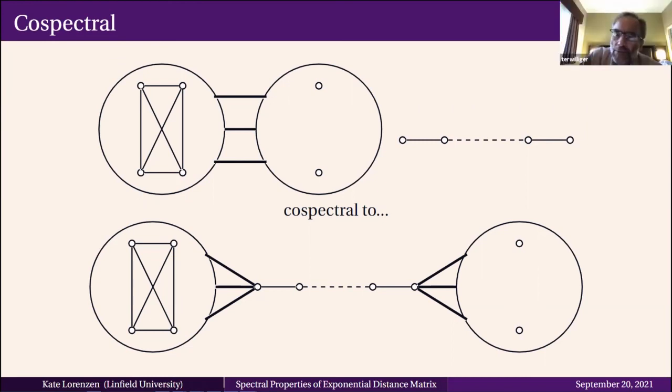Or you could ask, for what graphs does the exponential distance matrix turn out to be a linear combination of 2 primitive idempotents for the adjacency matrix? So the all ones matrix and then one other primitive idempotent.